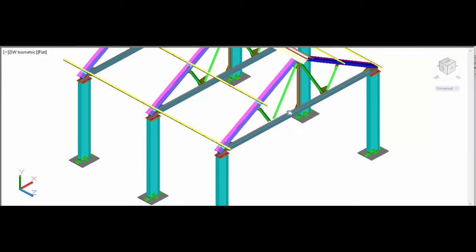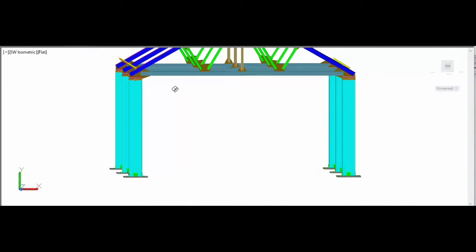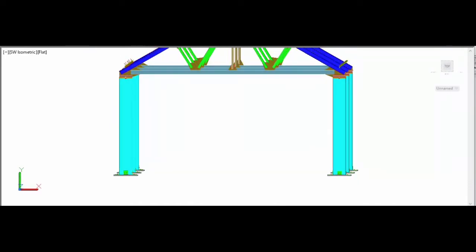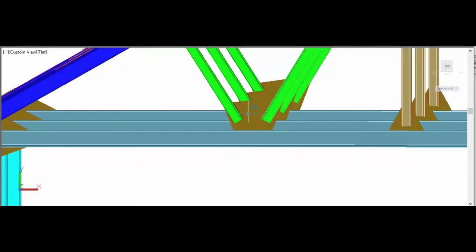Now these internal members, which are called struts, will be either a single member connected to plates called gusset plates.